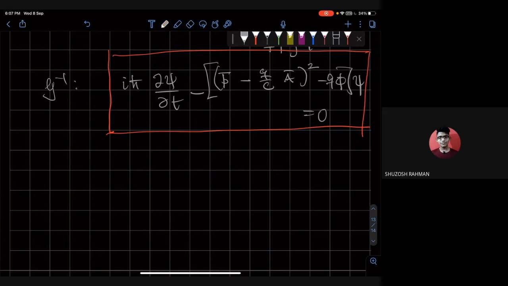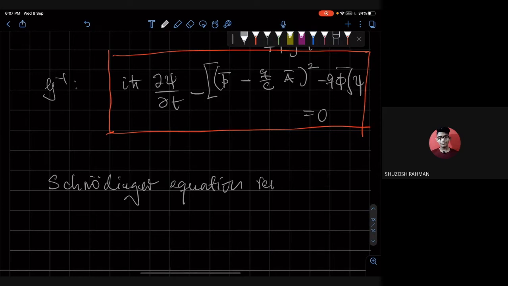So we see that the Schrodinger equation remains invariant. Is this clear? Maybe the details may not be clear at this point, but the gist is that gauge transformation leaves the Schrodinger equation invariant.